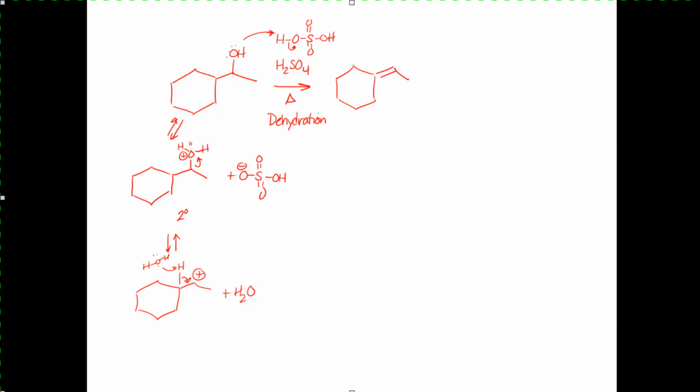It doesn't grab it, remember; the H plus kind of falls away and the water catches it. So then I would end up forming the double bond, and of course I'd end up with H3O+. Why did I end up forming this double bond? Because that double bond is the most substituted, which means I just formed my most stable product.